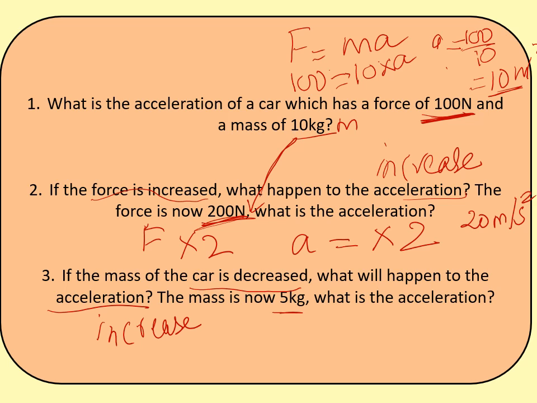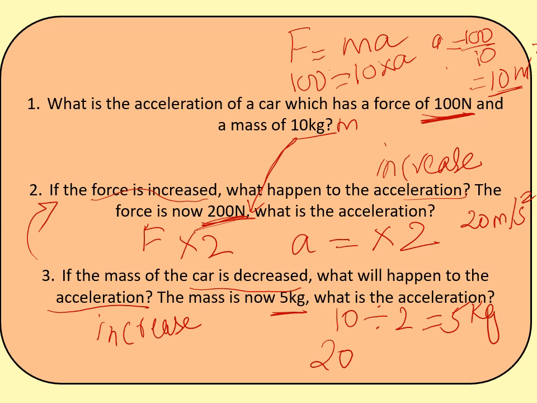The mass is now 5 kilograms. So let's think that it is now related to question 2, where the mass was 10 kilograms. So if the mass was 10 kilograms, it has now become 5 kilograms, which means the mass has become half. If the mass has become half, whatever happens to the mass, the opposite happens to the acceleration.